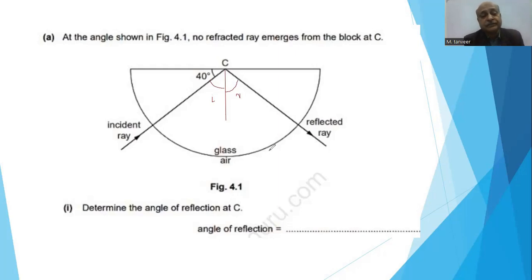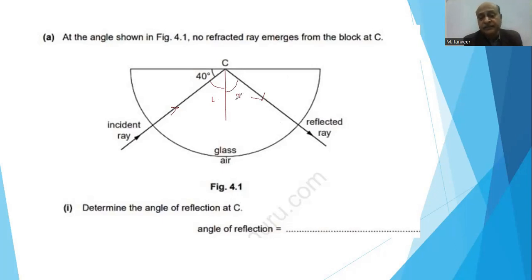In this question, the incident ray and reflected ray are given. This is the incident ray and this ray is the reflected ray. You have to measure the angle of incidence and the angle of reflection.